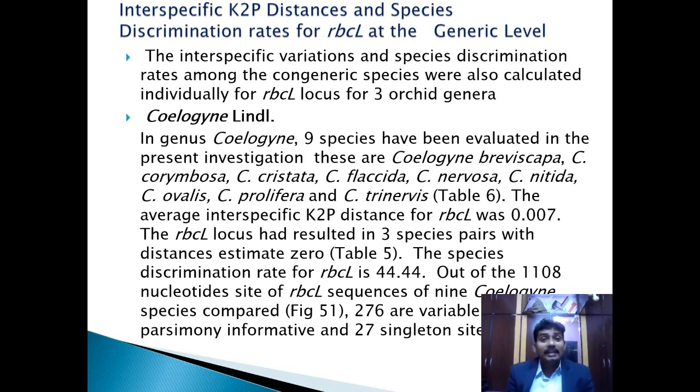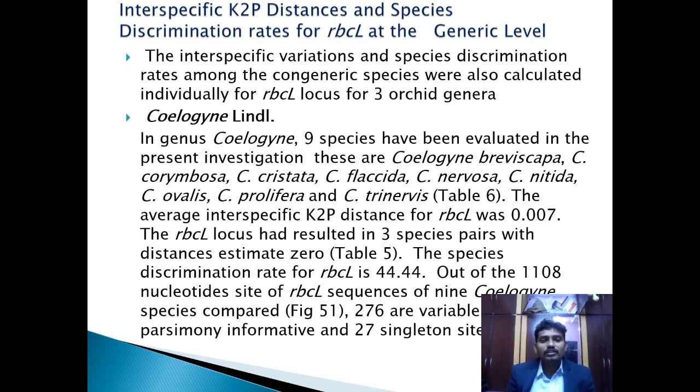The interspecific variations and species discrimination rates among the congeneric species were also calculated individually for the rbcL locus for 3 orchid genera. In the genus Coelogyne, 9 species have been evaluated in the present investigation. These are Coelogyne breviscapa, Coelogyne corymbosa, Coelogyne cristata, Coelogyne flaccida, Coelogyne nervosa, Coelogyne nitida, Coelogyne vivalis, Coelogyne prolifera, and Coelogyne trinervis.